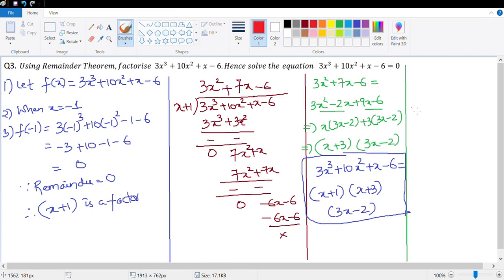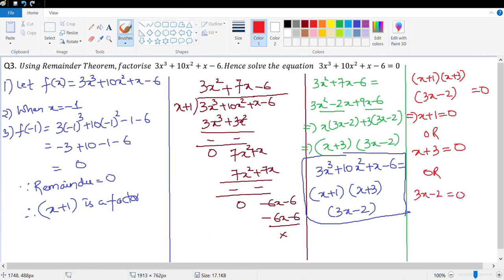Solve the equation. If this is equal to 0, what we have is x plus 1 multiplied with x plus 3 multiplied with 3x minus 2 is equal to 0, which means x plus 1 is equal to 0, or x plus 3 is equal to 0, or 3x minus 2 is equal to 0. So if x plus 1 is equal to 0, then x is equal to negative 1.